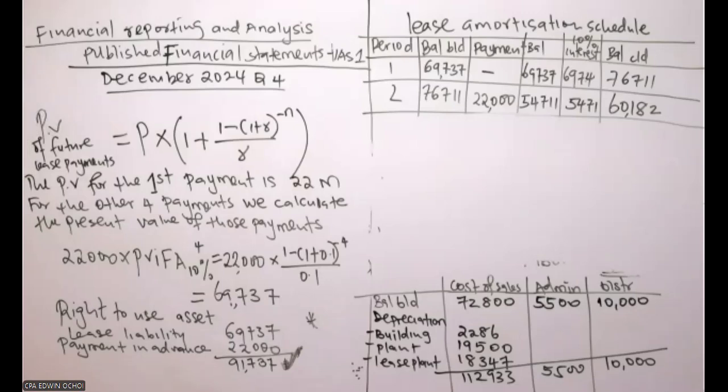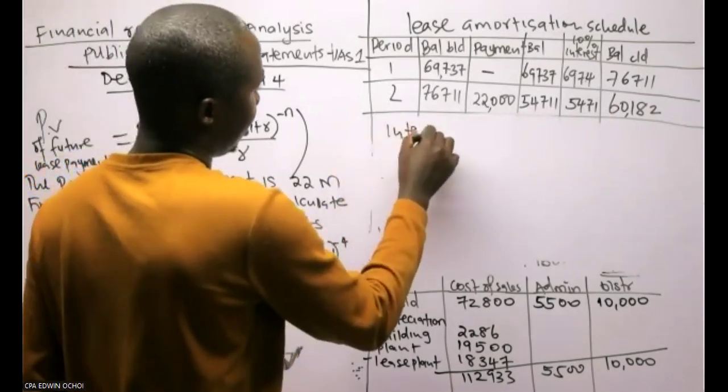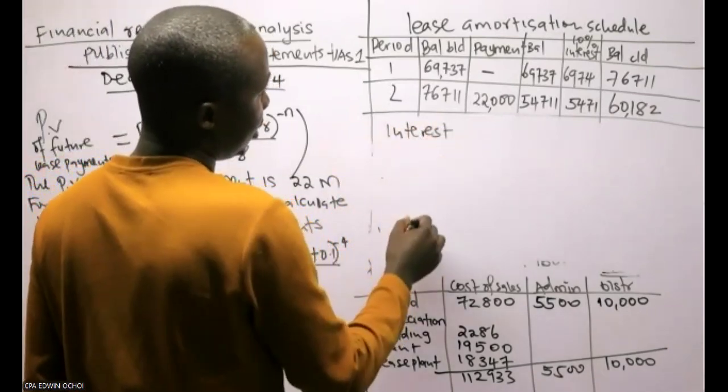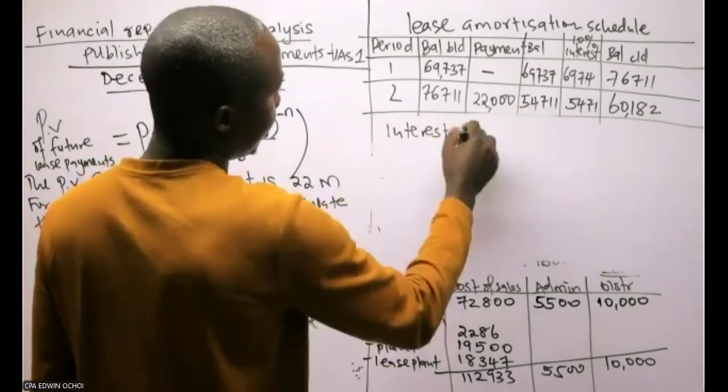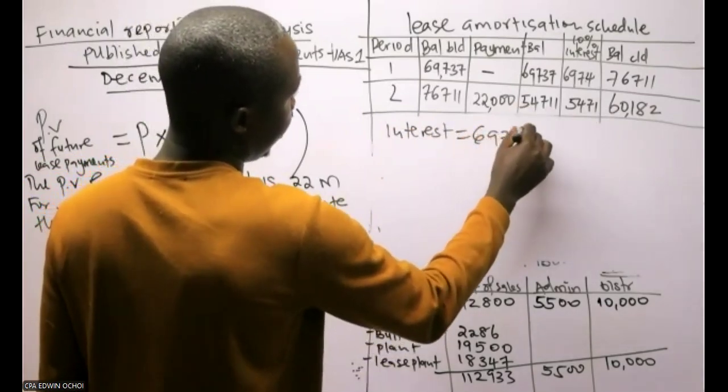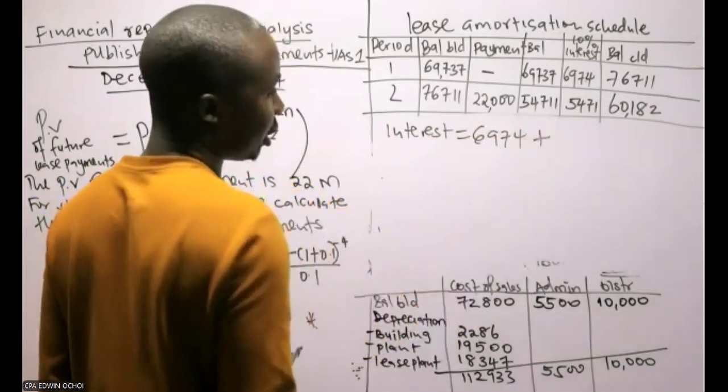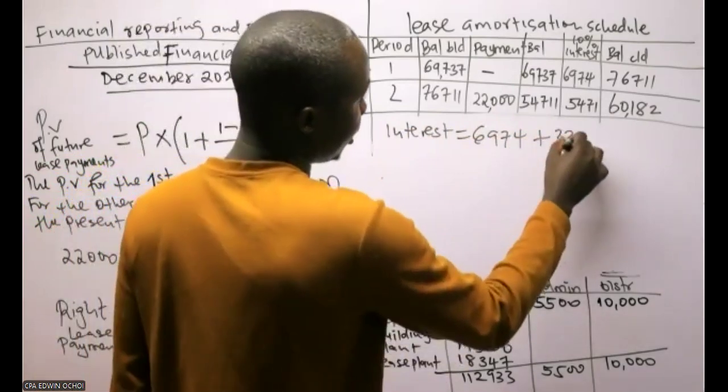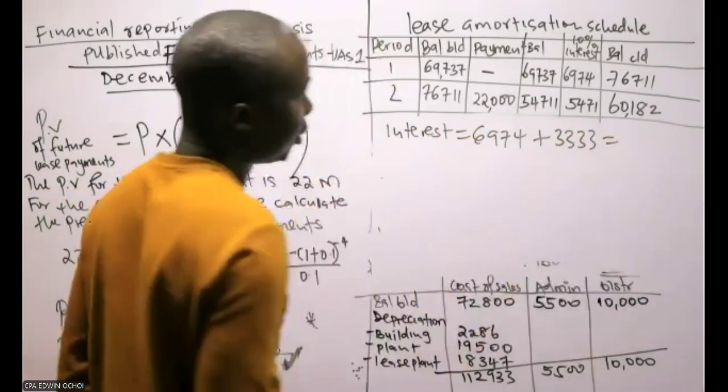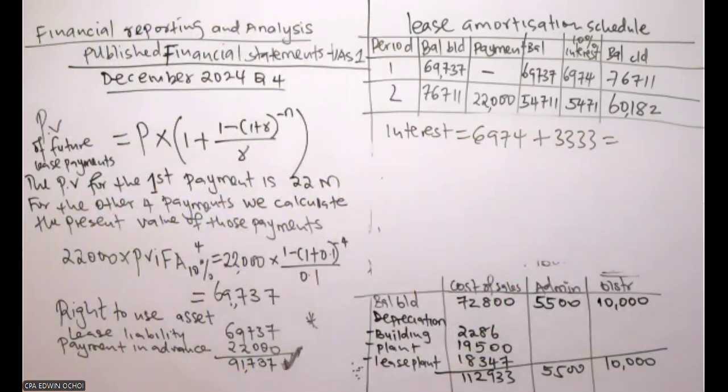So when I will be doing my statements, remember the interest for this is 6,974 plus the interest for the loan, which was 3,333.